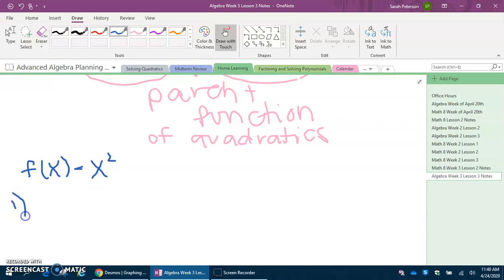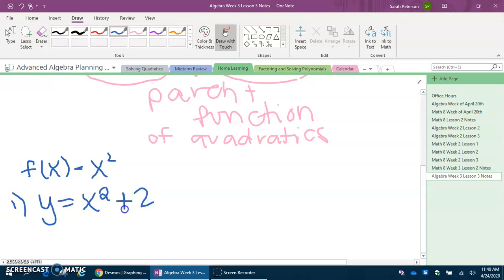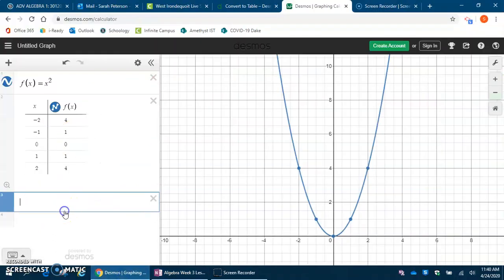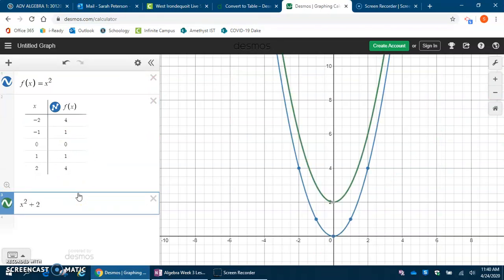So the first one I want to look at is y equals x squared plus 2. And that's a plus. So I'm going to go back to my Desmos and plug that in. You can just write x squared plus 2. If you look, my first point was 0, 0, and my other point is 0, 2.